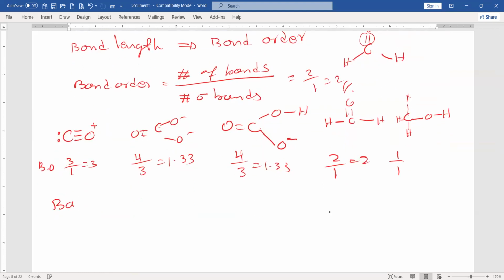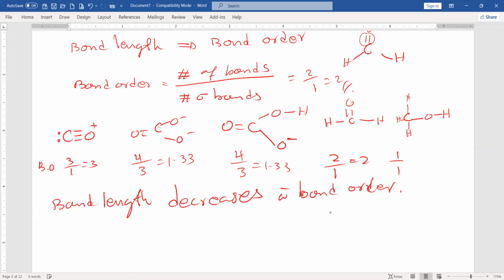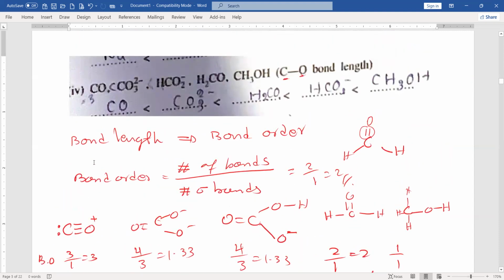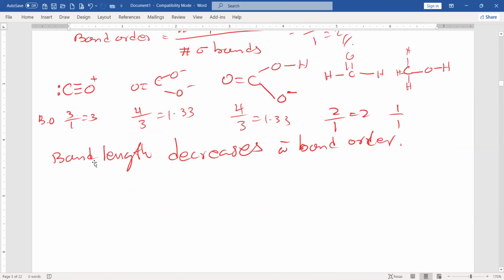Bond length decreases with bond order. In this case, carbon monoxide may have the highest bond order, right?